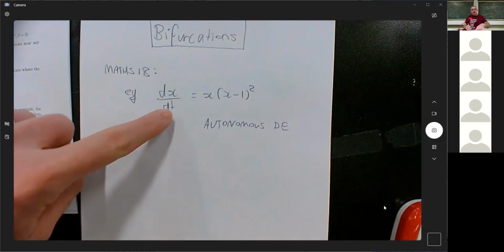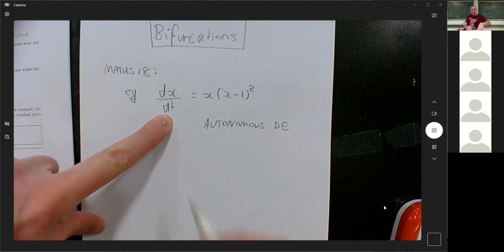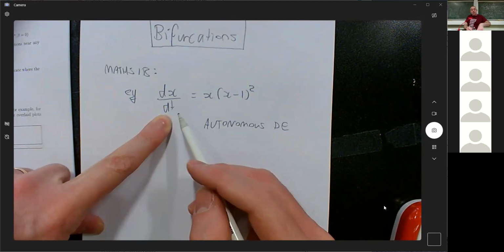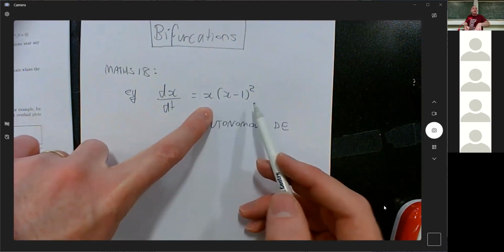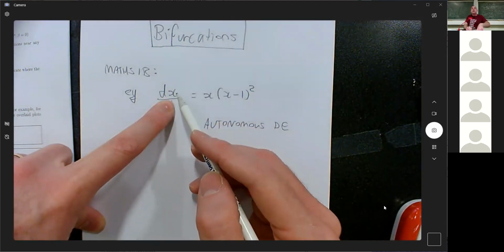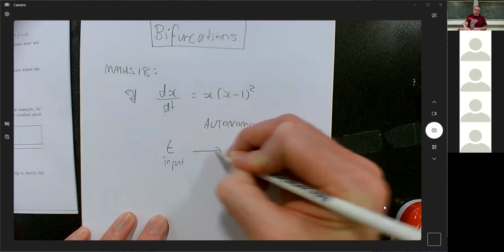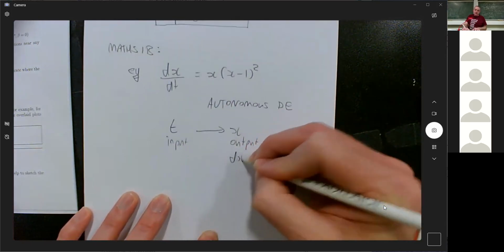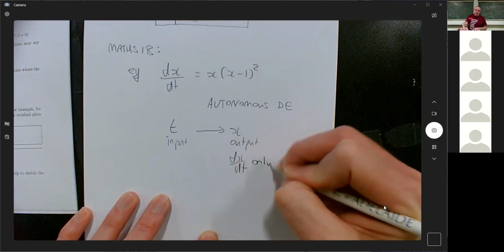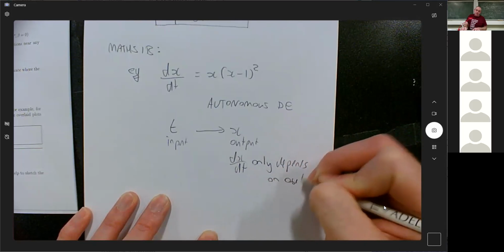because the variable t is the thing that's causing x to change because I'm differentiating with respect to it. But the answer for the derivative does not depend on knowing what t is. It only depends on the output variable. So we've got t is my input, x is my output, and dx on dt only depends on the output.